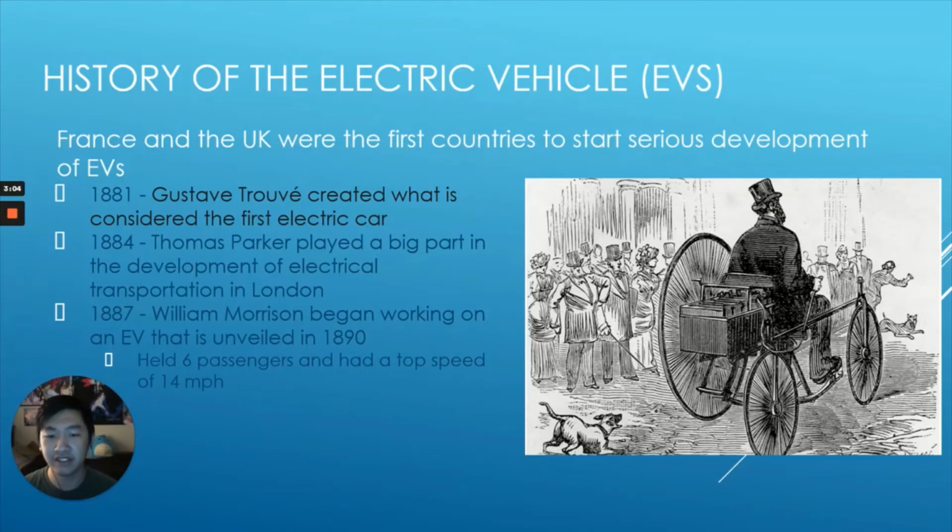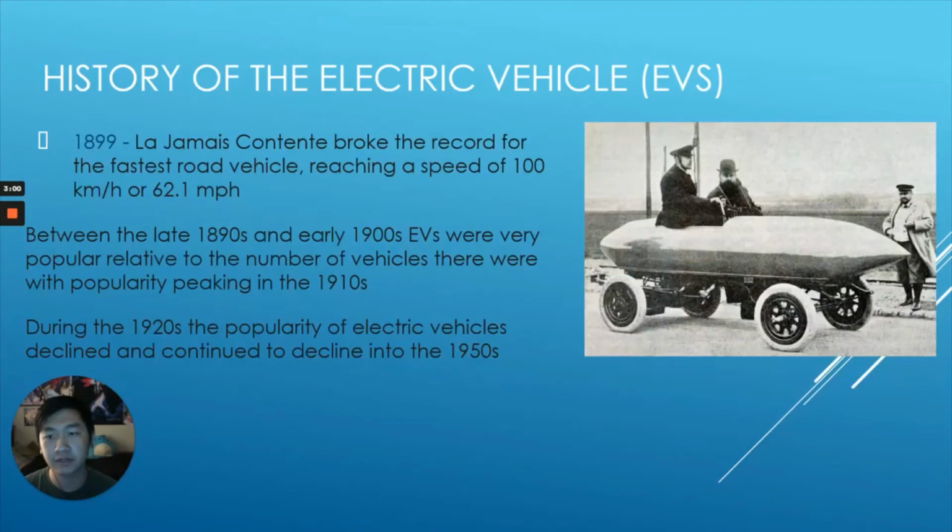It held 6 passengers and had a top speed of 14 miles per hour. And in 1899, La Jamais Contente broke the record for the fastest road vehicle, reaching a top speed of 100 kilometers per hour, or roughly 62.1 miles per hour.